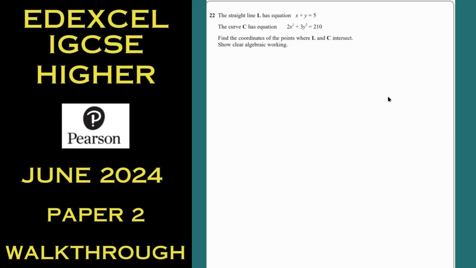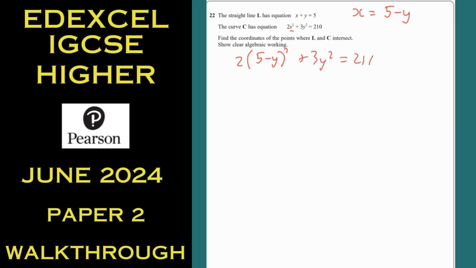It doesn't matter, it should work out exactly the same. I went with the x equals 5 minus y approach. So wherever I see x, in goes 5 minus y. Don't forget your brackets. So it's going to be 2 lots of 5 minus y all squared.